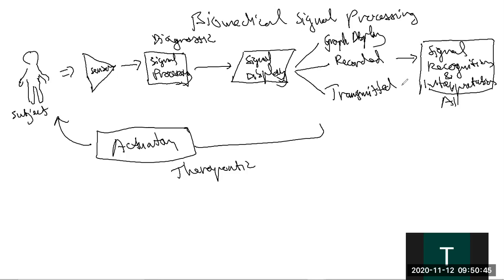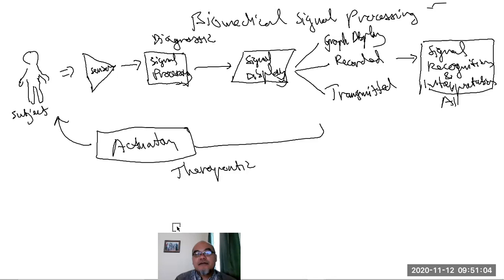So this can now even be replaced by an automatic system, even though there is still some resistance from the doctors. The cardiologists do not really want their role to be replaced by a machine system, by a computer. But like it or not, there is a need for that.